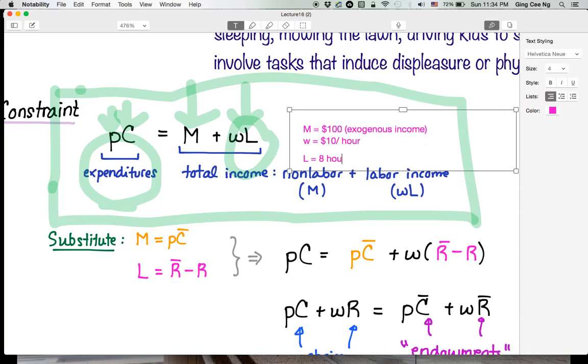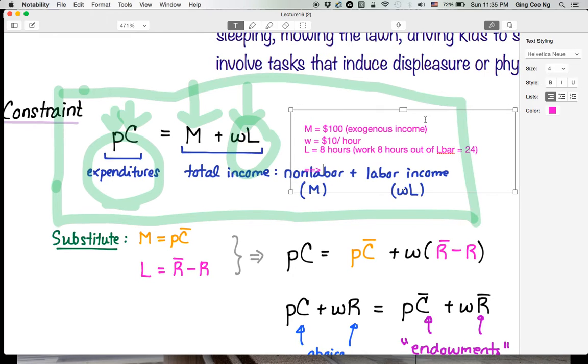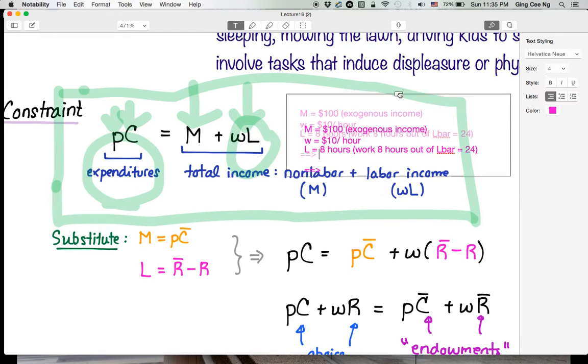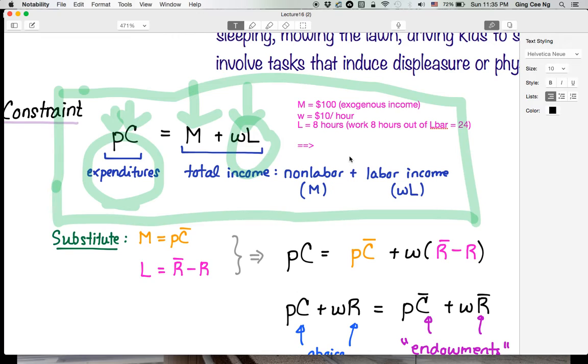So if M were $100, that's your exogenous income. And let's say your wage rate was $10 per hour, and L was 8 hours. So that means you work 8 hours out of, let's say, L bar equals 24 hours a day. Then this means that you're making W times L, which is 10 times 8, $80.